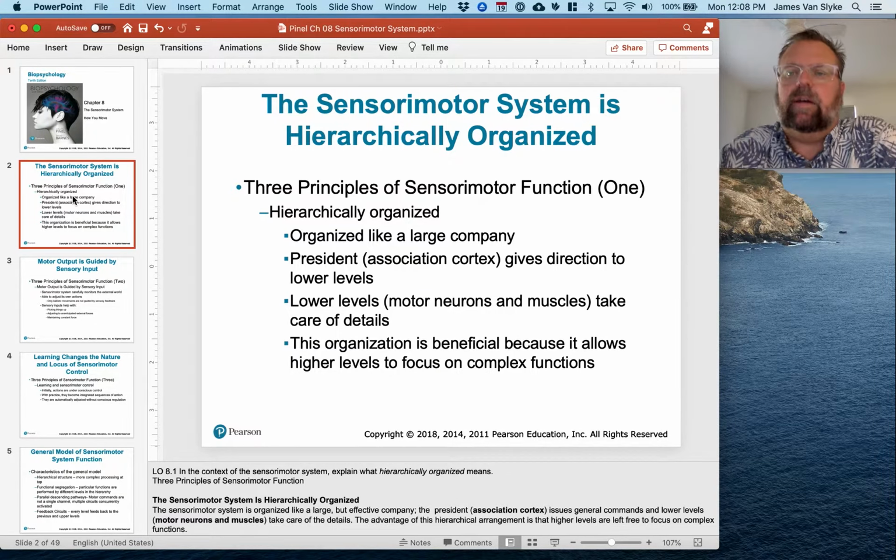But then the lower levels of his sensorimotor system, things like being able to shoot, making a move towards the basket, doing a layup or a slam dunk, that's all being taken care of by the lower levels.